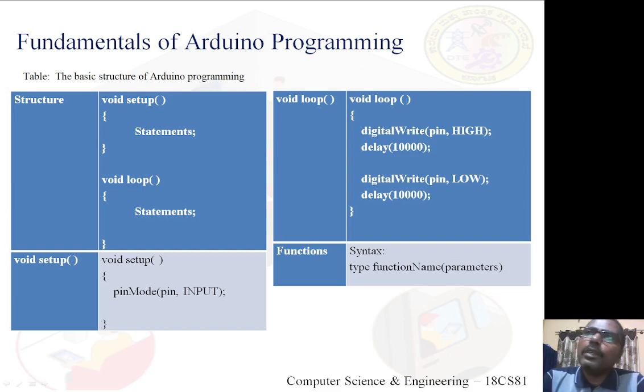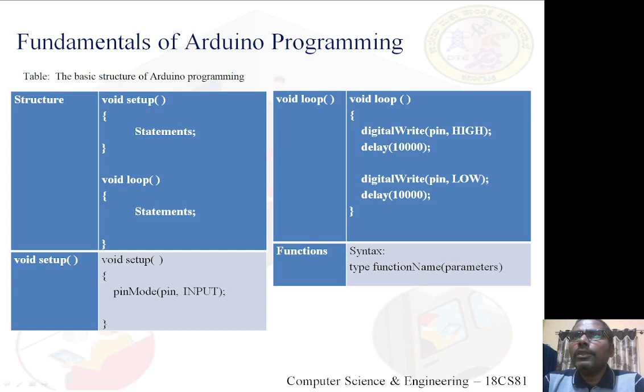For that pin, we can write values either HIGH or LOW, or in terms of 0 or 1, or in terms of voltage, 5 volts or 0 volts. So this example shows that the pin labeled pin will receive 1, and after a delay will receive 0. Got it?